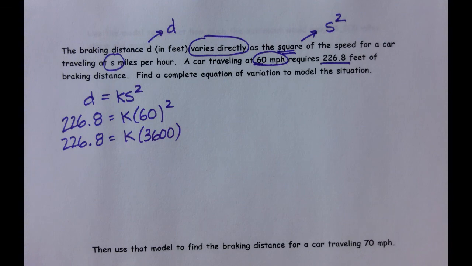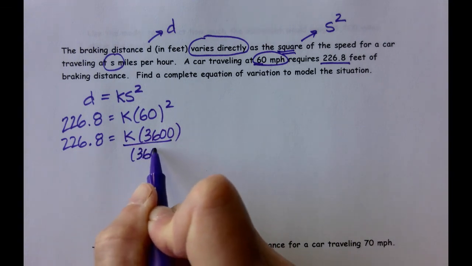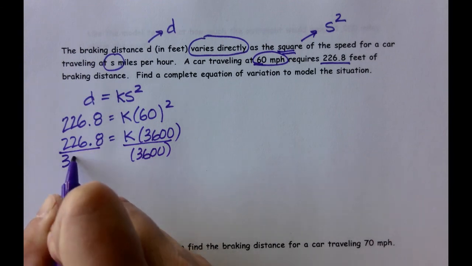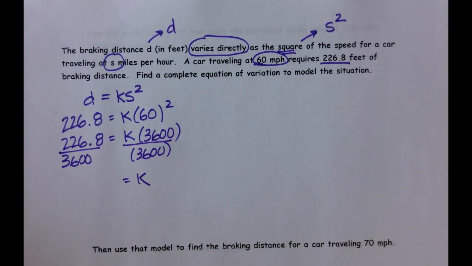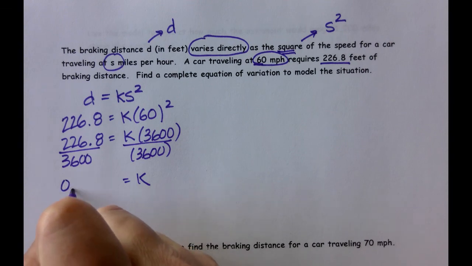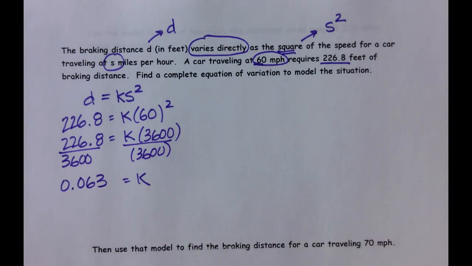To solve for k, divide both sides of the equation by 3600. And when I do that division, I get 0.063 for a k value.